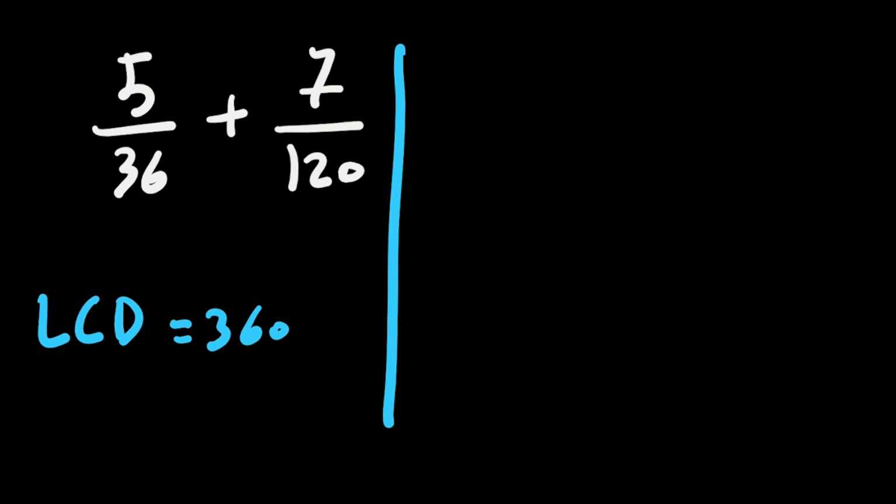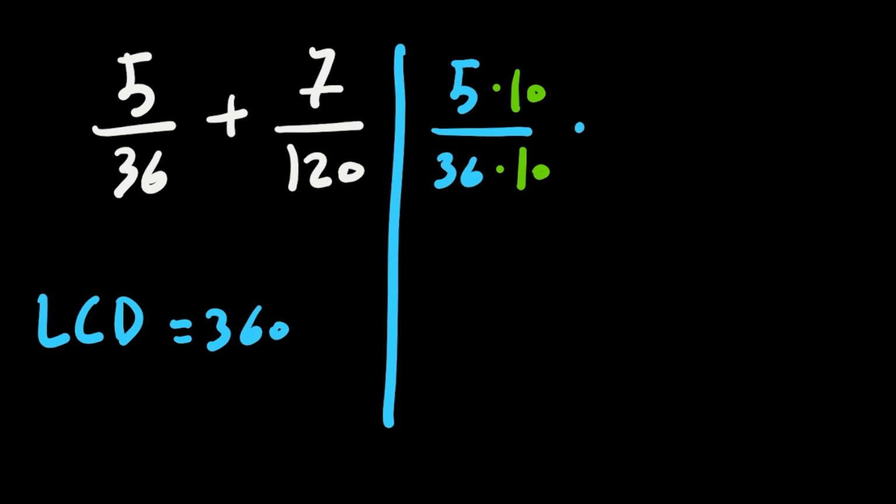Now we have to convert each denominator to 360. We have 5 over 36. How can we make 36 into 360? We have to multiply it by 10, so we'll multiply 10 in the numerator and denominator.